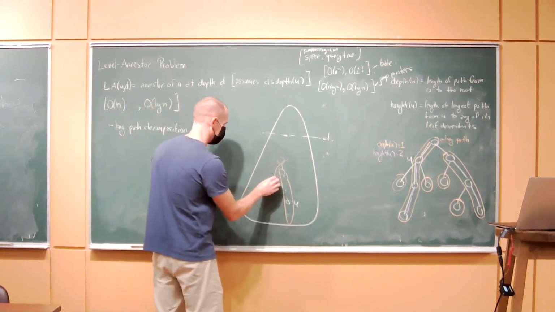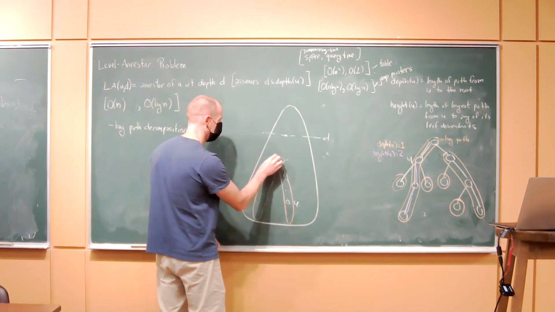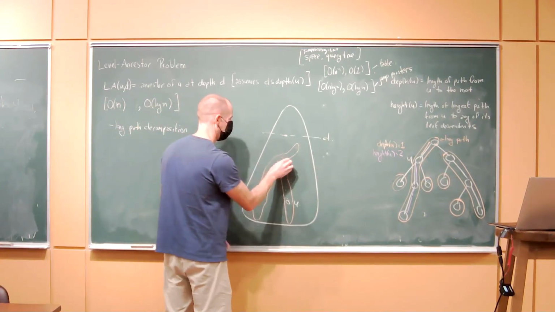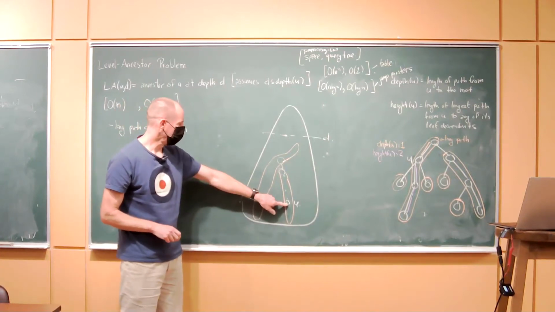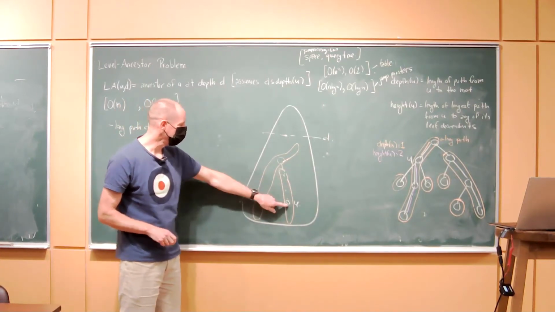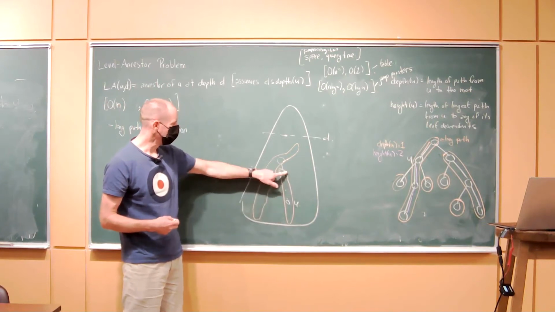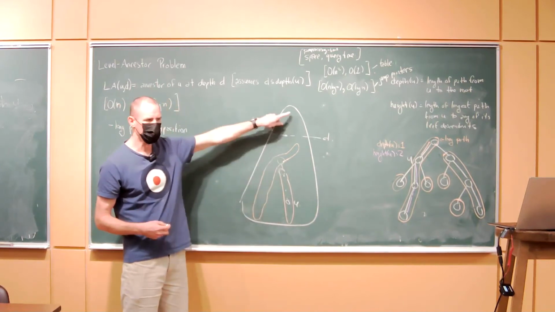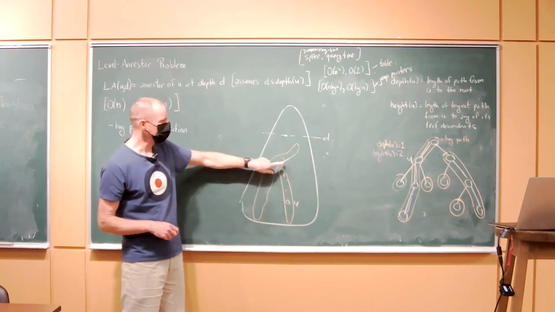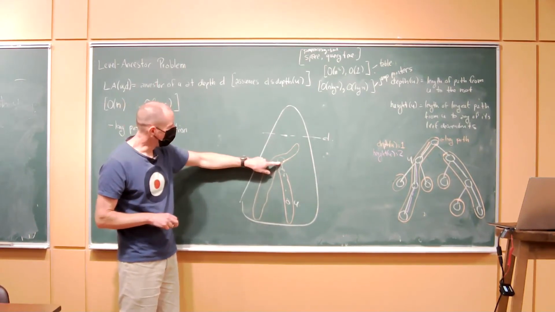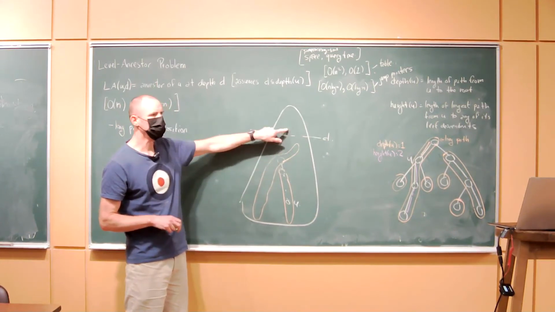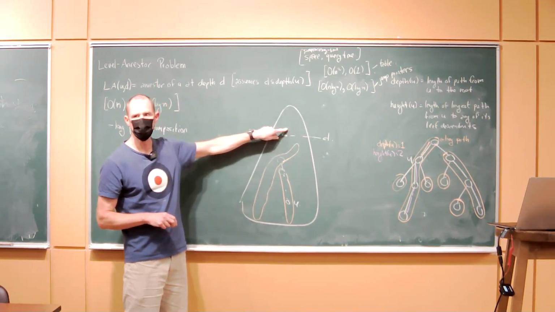I don't know, maybe it looks something like this. So from u we can just look at the first element in the path that contains u, look at its parent, and then work from there. So that decreases the depth. So you might hope that this will eventually reach the thing you're looking for in log n steps.